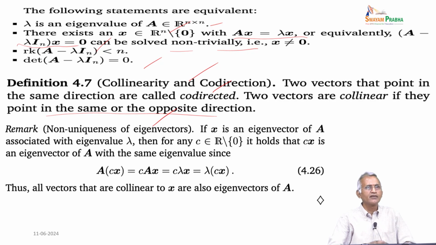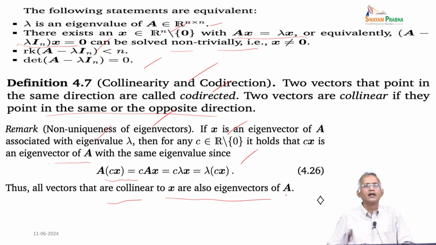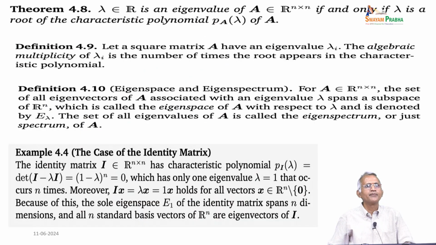If x is an eigenvector of A associated with the eigenvalue lambda, then for any C in R not equal to 0, Cx is also an eigenvector of A, since A times Cx equals C times Ax equals C times lambda x equals lambda times Cx. So, all the vectors collinear to x are also eigenvectors of A.